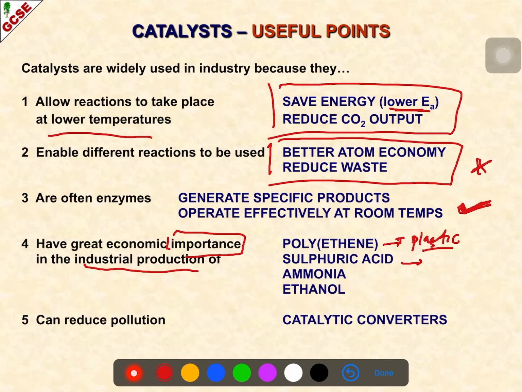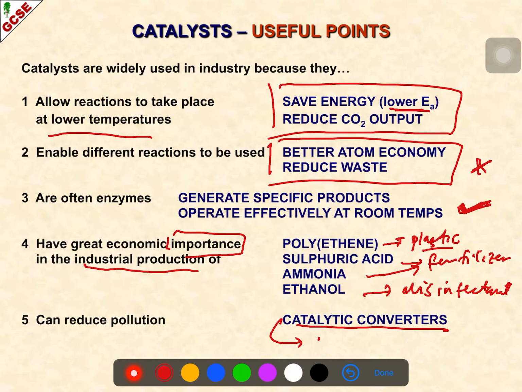Sulfuric acid is for fertilizer, and ammonia again is for fertilizer, and you know ethanol is for disinfectant. Also, catalysts are very important in the catalytic converter. This is in cars. So they convert toxic gas into less toxic gas.